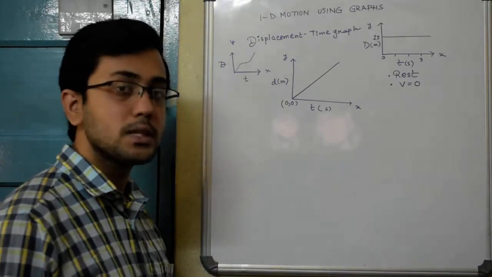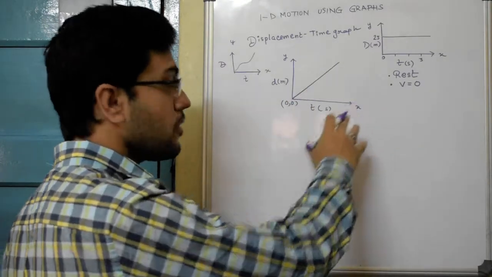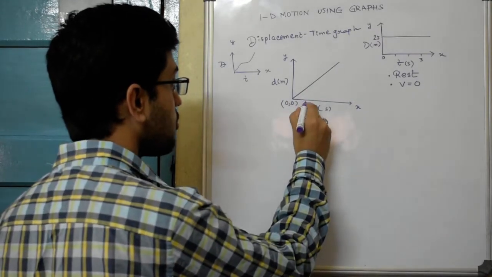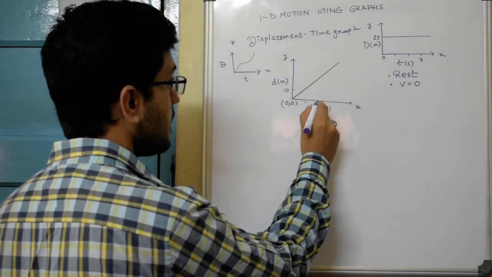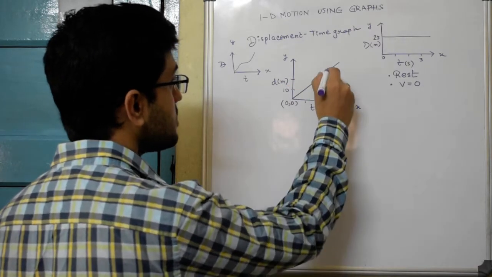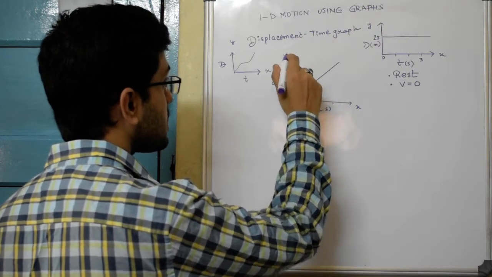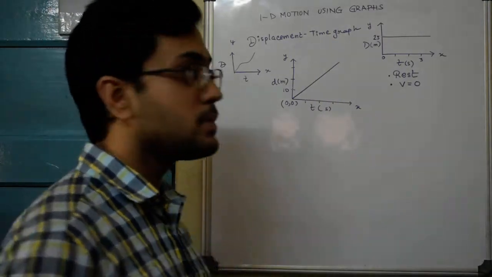In this displacement time graph, the displacement is increasing uniformly with time. Suppose at 1 second the displacement was 10 meters, at 2 seconds it was 20 meters, at 3 seconds it was 30 meters, and so on. As the time increases, the displacement is increasing.